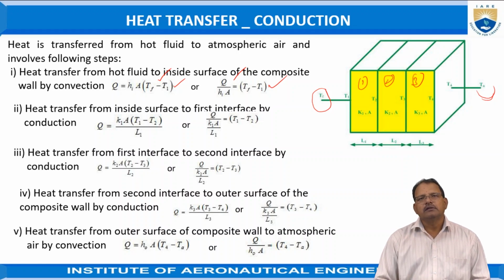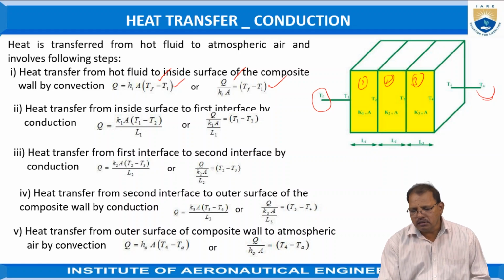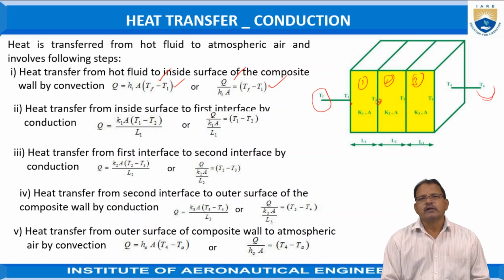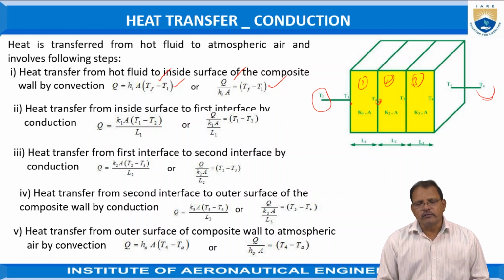Similarly, for the first slab, the heat transfer from the inside surface to the interface of 1 and 2 is given by Q = K1 A (T1 - T2)/L1, where T1 is the temperature at the inner surface, T2 is the temperature at the interface of first and second block, and L1 is the thickness of the slab.